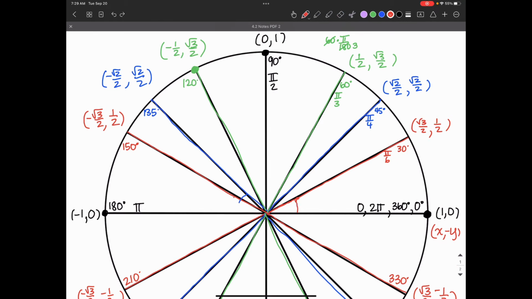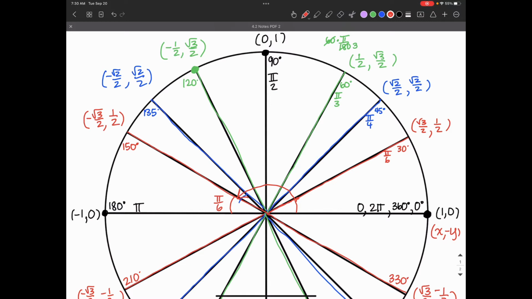In order to find this angle going from the positive x-axis to this terminal side, I'm just going to focus in on the fact that this is pi over 6. So what I could do to find what this angle is here is I could do 180 degrees minus 30, or pi minus pi over 6.